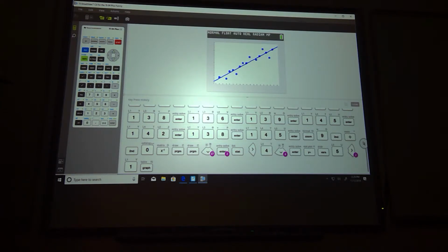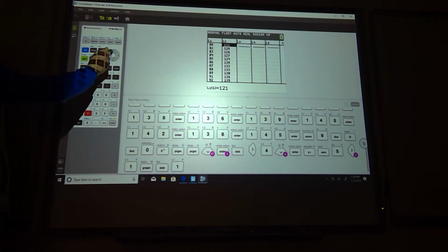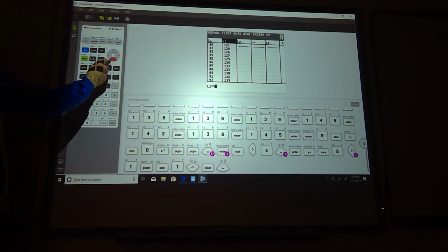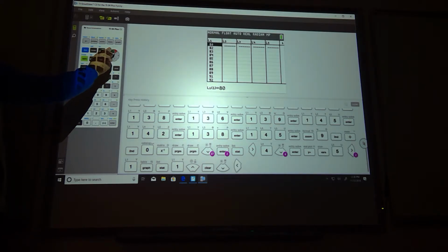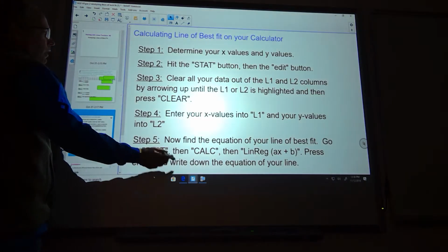Right here, under the arrows, and it says the word Clear. So you could go into Stat, Edit, arrow up, hit clear, down arrow, there goes that. Arrow up, hit clear, down arrow, that's gone.